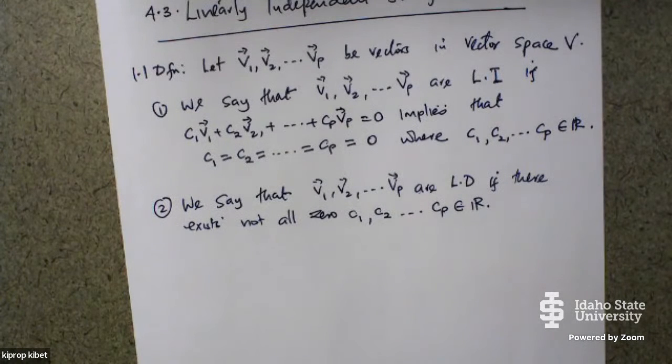So not all of them are zeros. You can find one of them as a linear combination of the other ones. So if it is linearly dependent, then we have the linear relation.